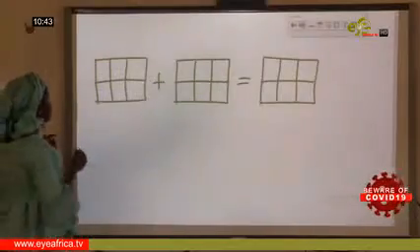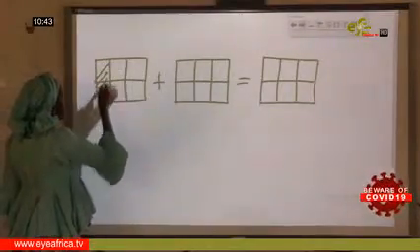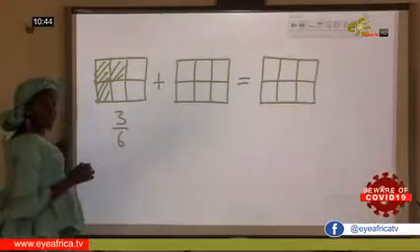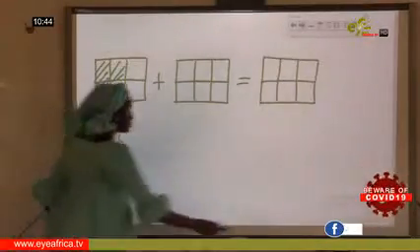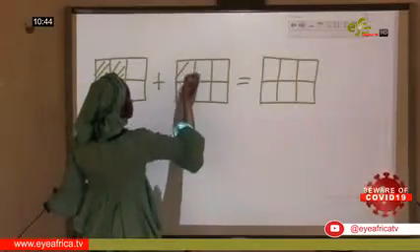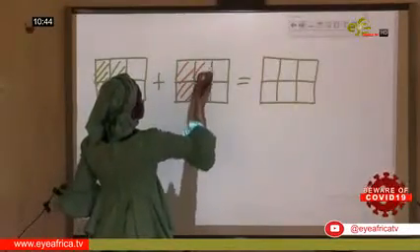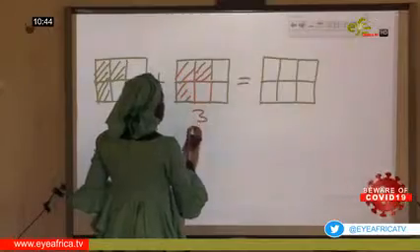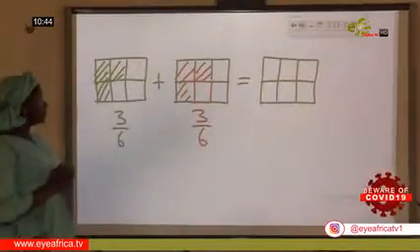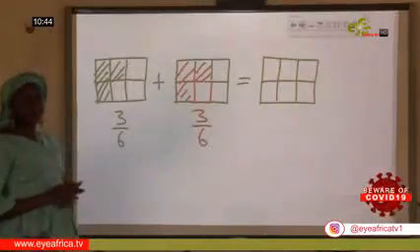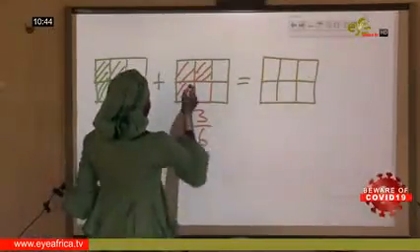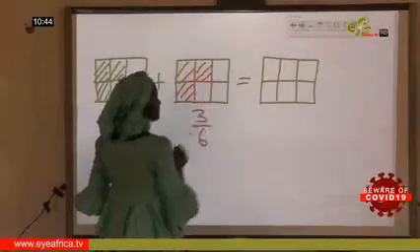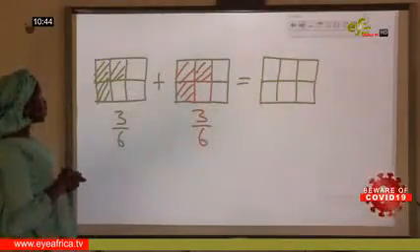So here if I have 3/6 plus 3/6, what is going to be my answer? 3/6 plus 3/6.